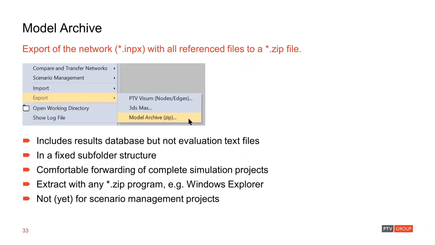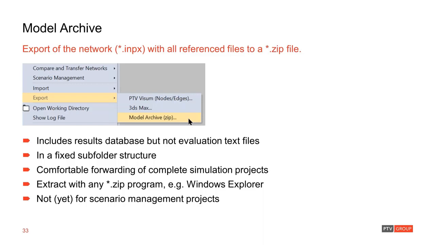file which is created in the zip archive format, and this model contains the network and all files which are referenced by the INPX file. So, for example, controller data files, and also the results database files in the results folder, but not, attention, not evaluation text files.